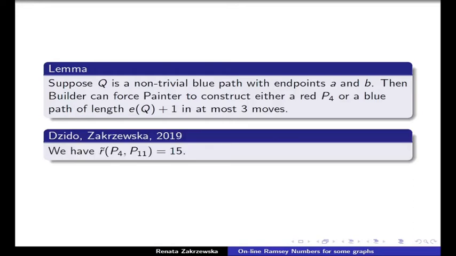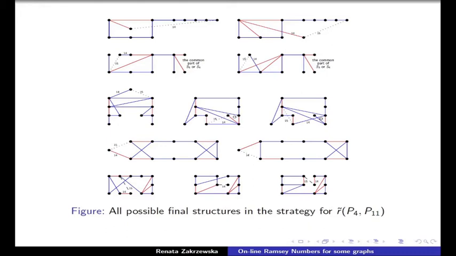This lemma is useful in our proof of the theorem that the online Ramsey number of P4, P11 is equal to 15. On this picture, we have all possible final structures in the strategy for the online Ramsey number P4, P11 game. We use this in our proof.